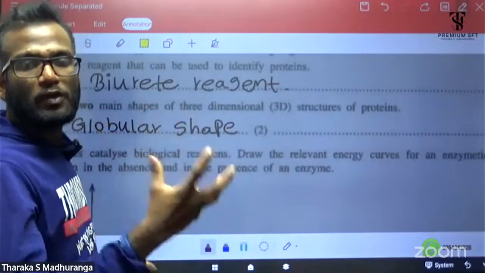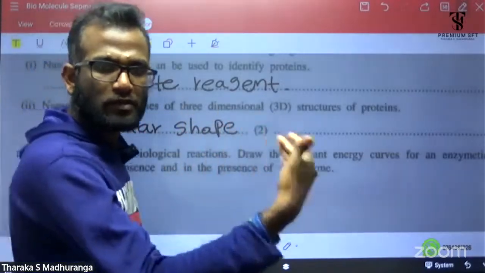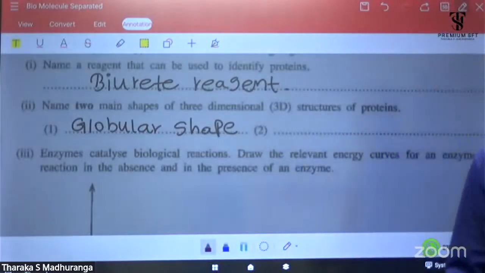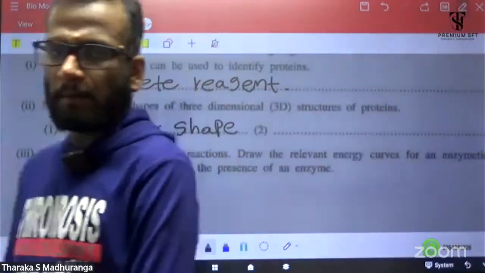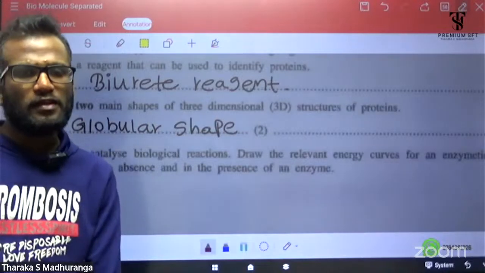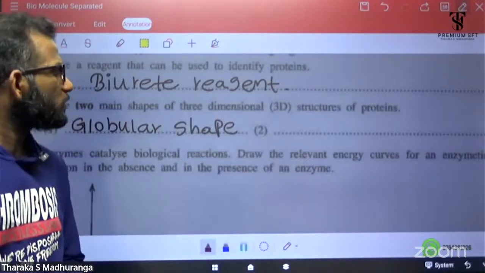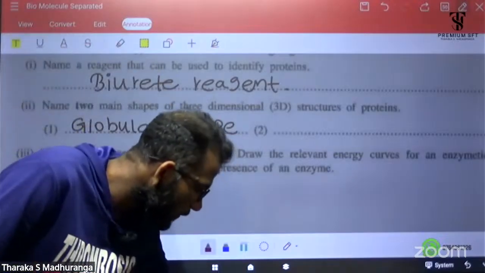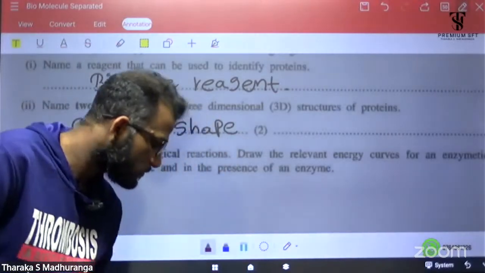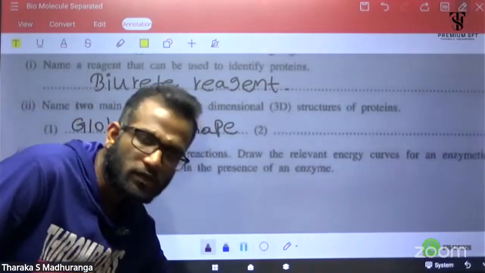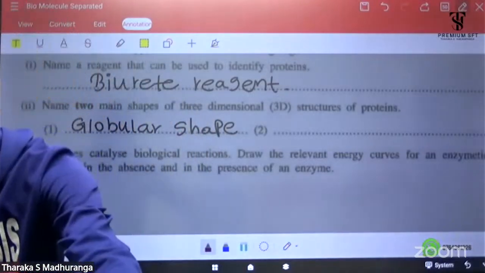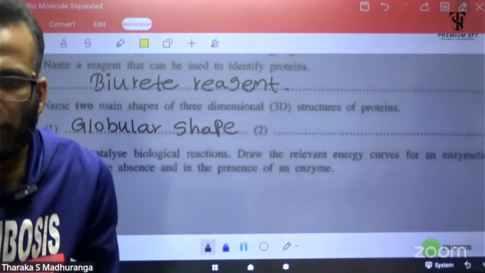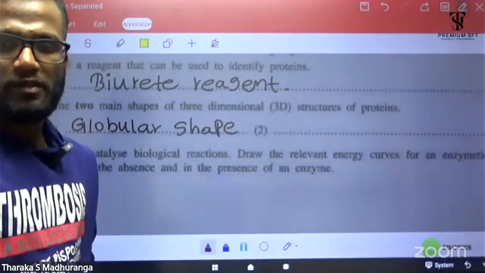Albumin is a globular shape. What is the second type? Fibrous shape, yes.